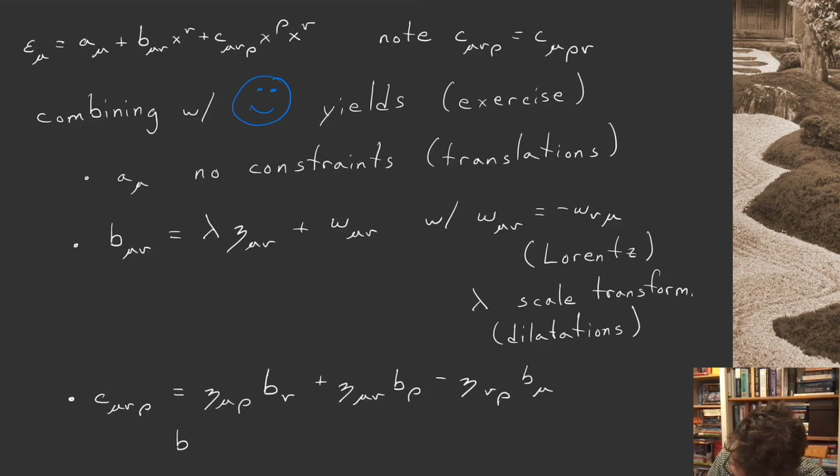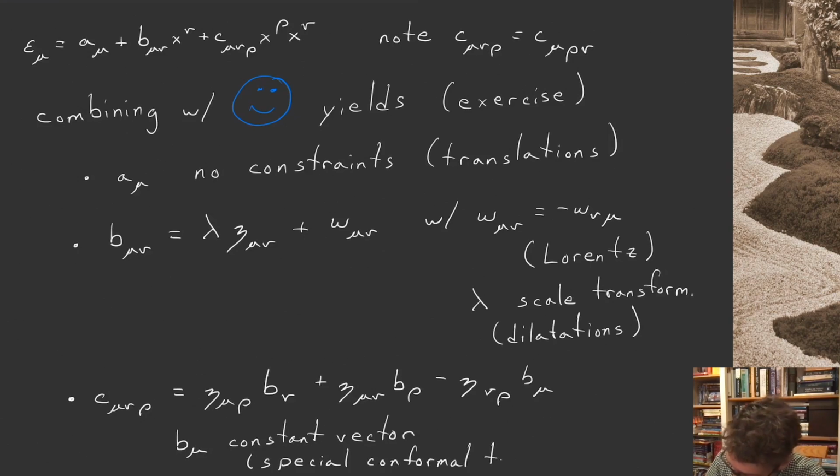And b mu is a constant vector. These are what I promised before. These are the special conformal transformations. And that's the conformal symmetry group at an infinitesimal level. It's generated by translations, by scale transformations, by Lorentz generators, and by these extra guys that may be quite new to you, these special conformal transformations, which correspond to choosing some vector b.